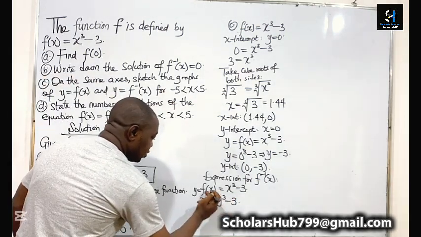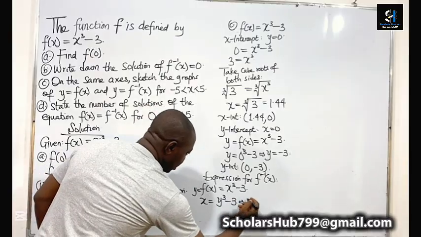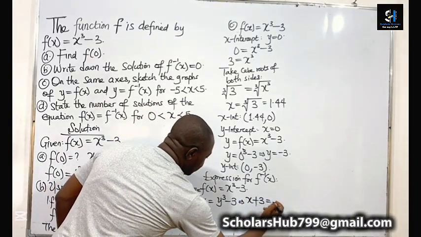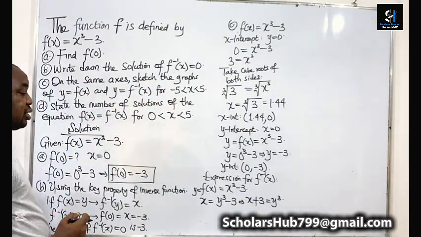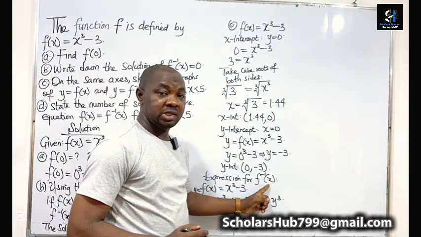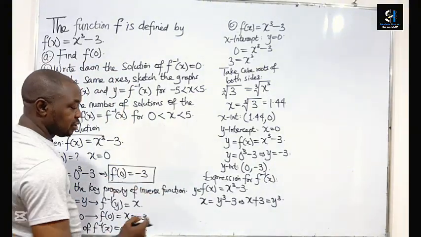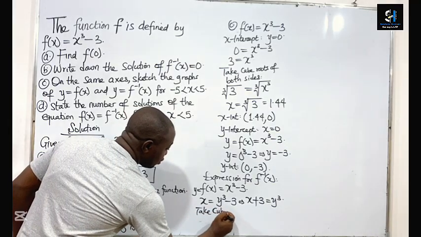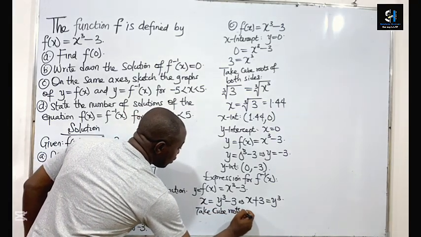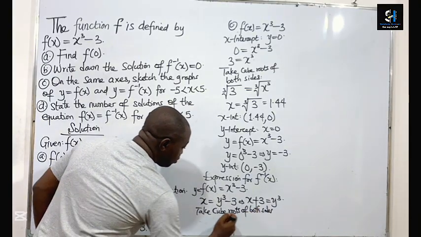Then I'll carry this over to the left hand side from the right hand side. So we have x plus 3 equals y cubed. Let's not forget that the inverse function of x is our y. Again, I'm going to take cube roots of both sides.